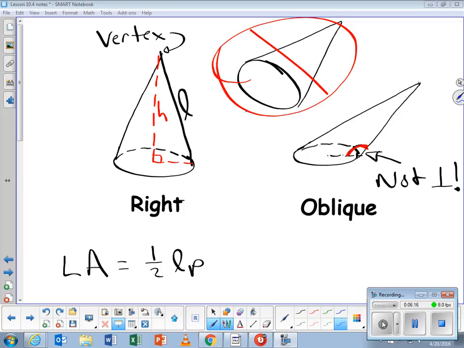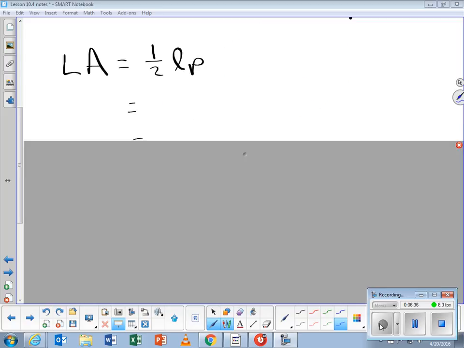Okay. The formula for lateral area is still 1/2 LP, but because the base is a circle, we're going to elaborate on that formula a little bit, maybe a little more precise for a cone. As soon as everybody gets done copying down the top half, I'll move that up and show you what I mean. So remember, perimeter of a circle is really called the what?